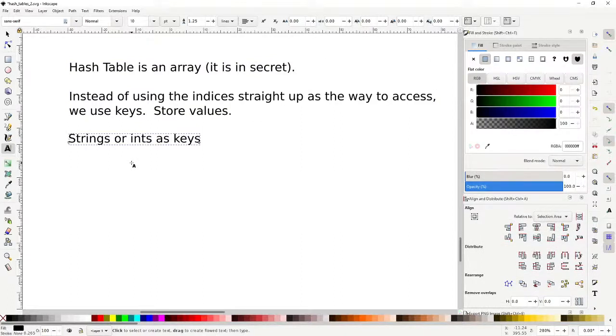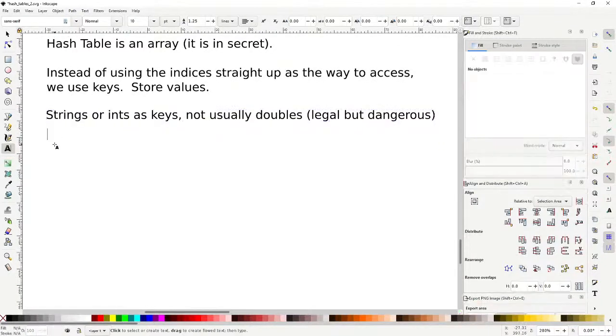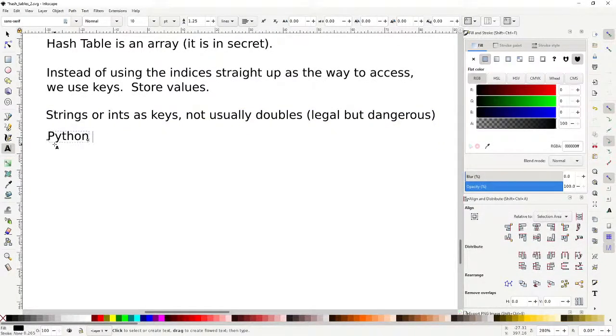And the reason why you use strings or ints and not usually doubles, it's legal but dangerous. And of course, booleans are completely out, right? So the actual answer is that if you're talking about a Python dictionary, that is exactly equal to a hash table. I don't know exactly why Python decided to call it a dictionary.